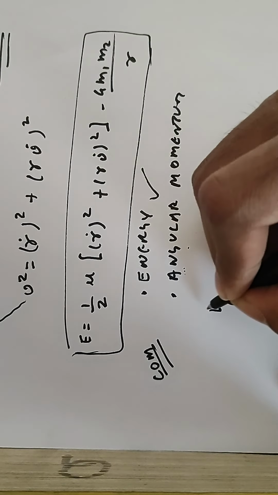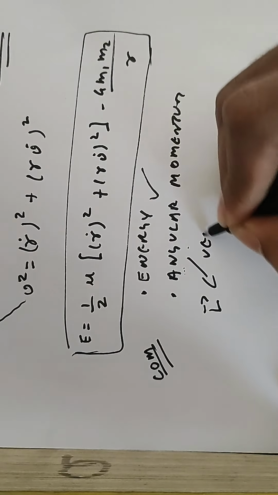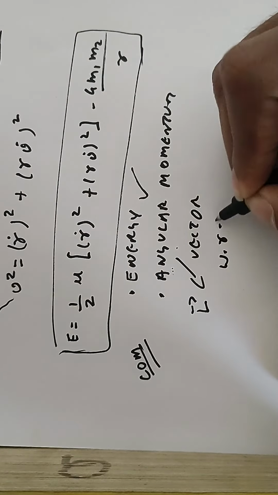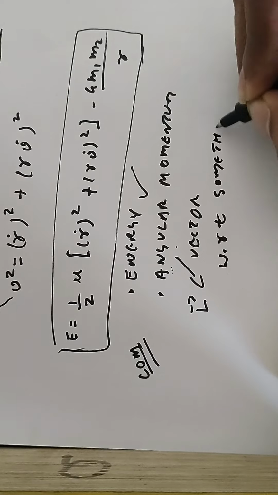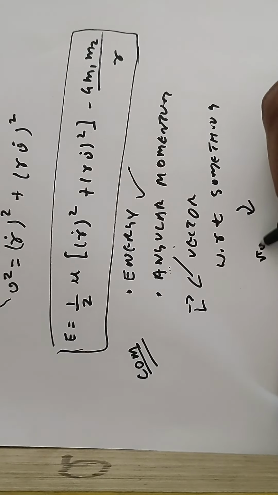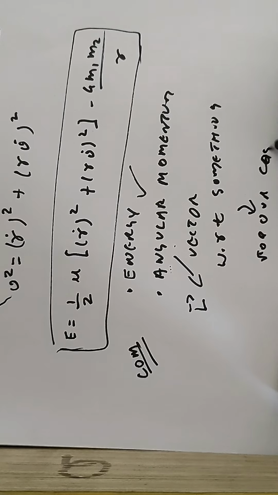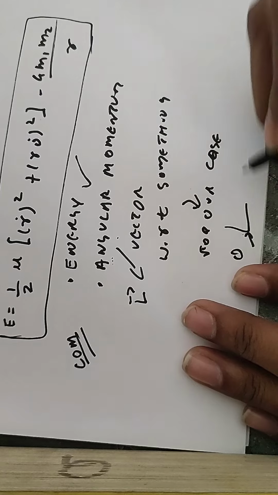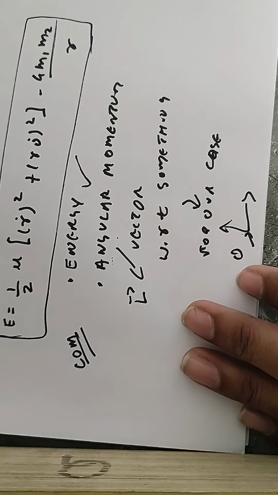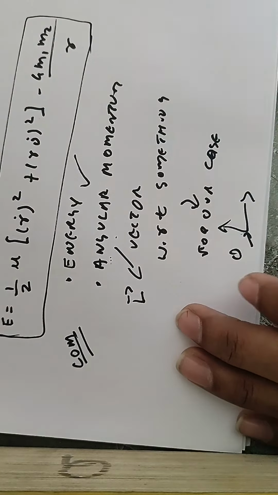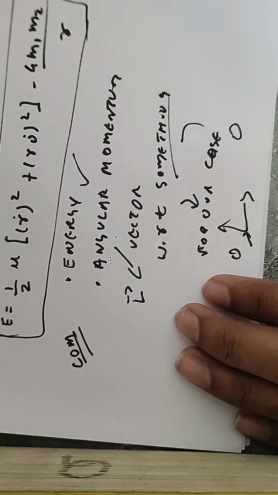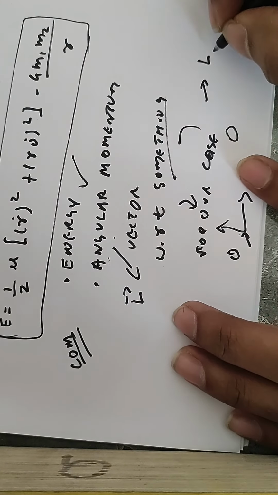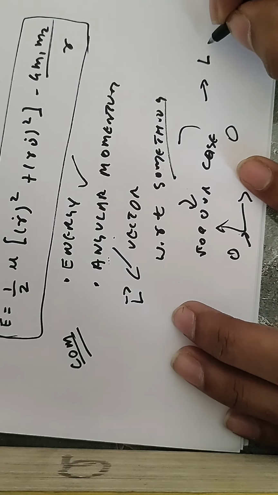You see, angular momentum is a vector quantity. So a vector quantity needs to be defined with respect to something. For our case, let that something be the origin O. So I'll define L vector.